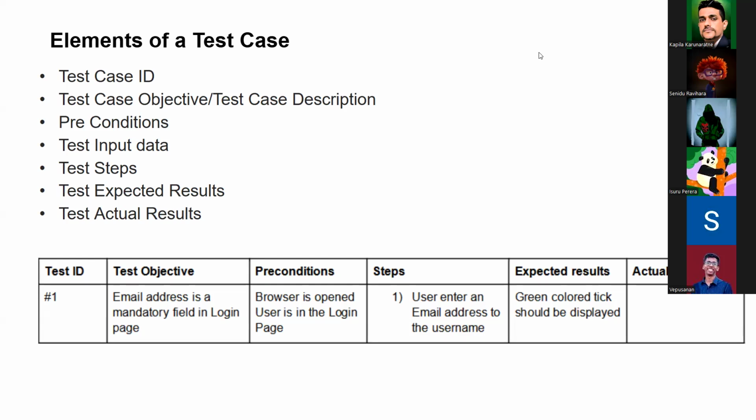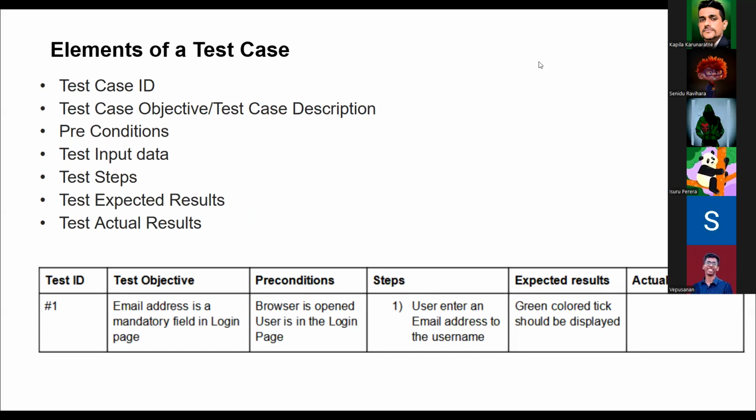And then you need to mention your expected result. Expected result is what is expected from performing this activity based on the requirement. Right? So a green color tick should be displayed, something like that. So if you are entering a correct email address, you will get a green color tick, or a green color username or something like that, you will expect.